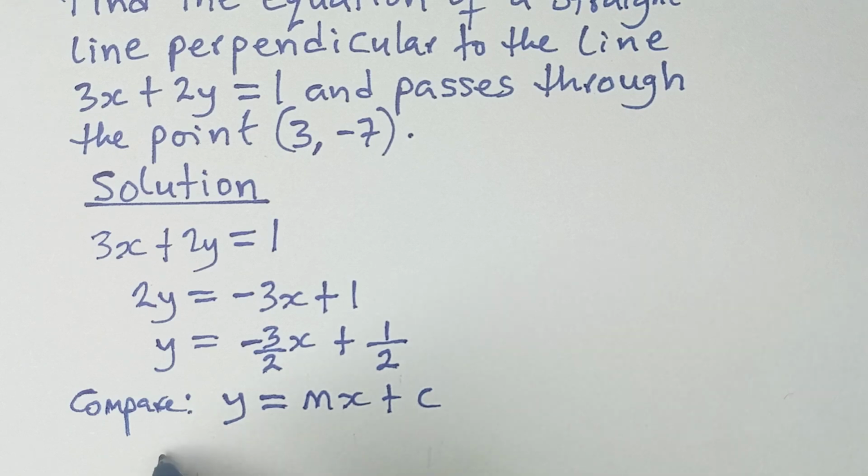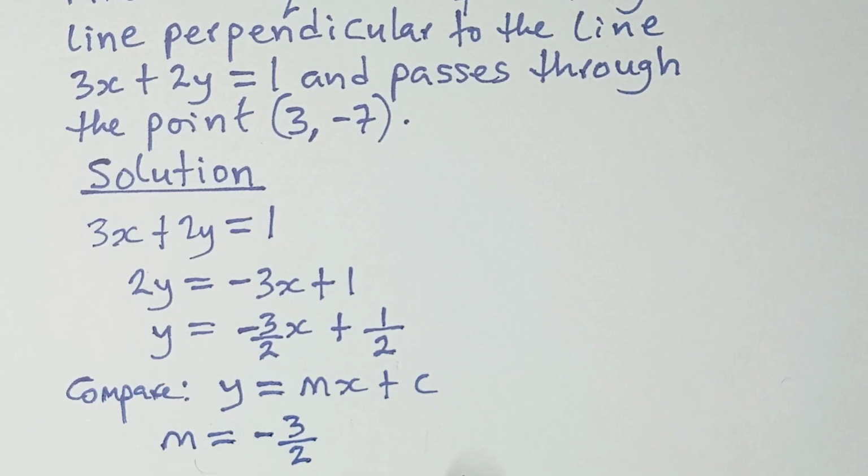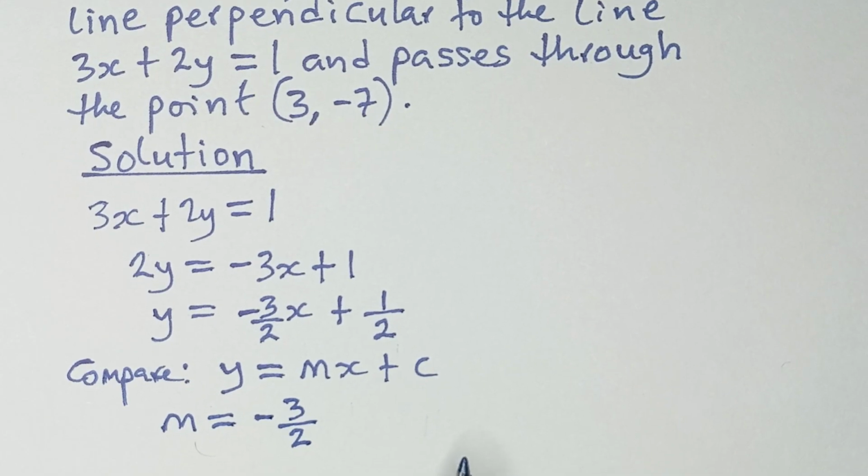That tells us that the slope m is the same thing as negative 3 over 2. So this negative 3 over 2 is the slope of the line.